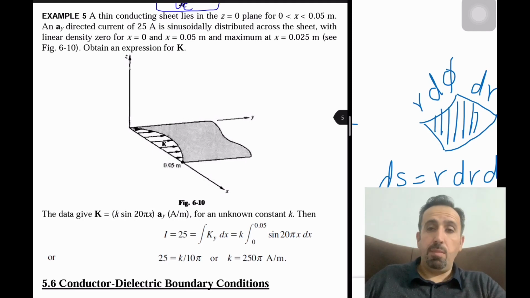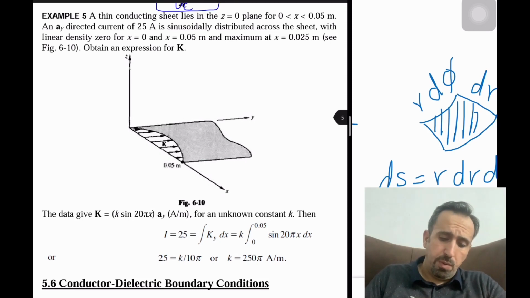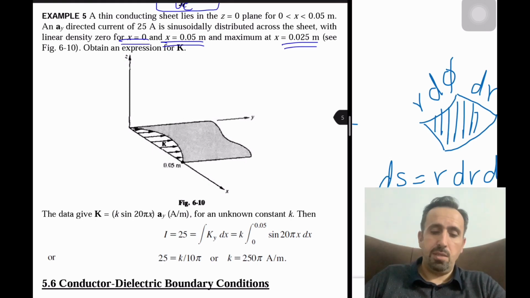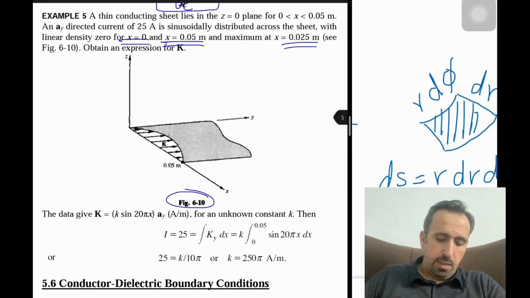Its total amount of current is 25 ampere, sinusoidally distributed across the sheet with linear density 0 for x equals 0 and x equals 0.05 meter, and maximum at the middle. So from this information, you can guess its function. Why? Because it is sinusoidally distributed, not uniformly distributed, as shown in this figure.